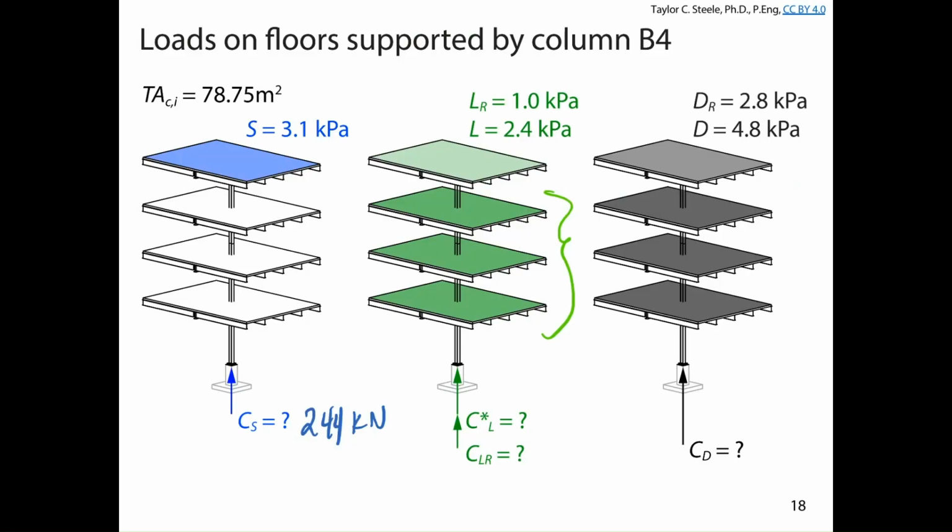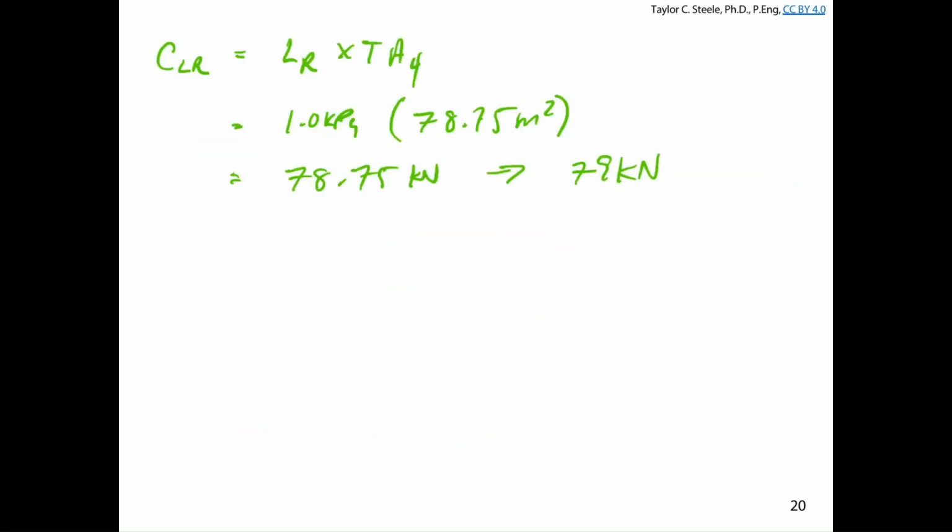First we're going to calculate the tributary area for the regular office live load. That's going to be 3 floors worth of 78.75 meters squared. So the total tributary area worth of office space that column is responsible for supporting is 236.25 meters squared.